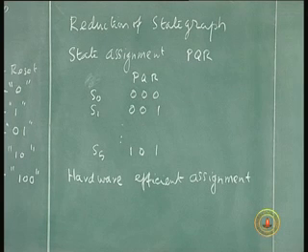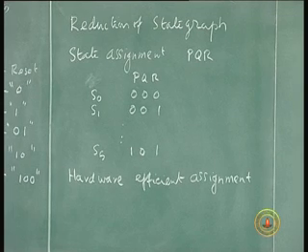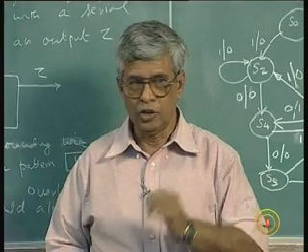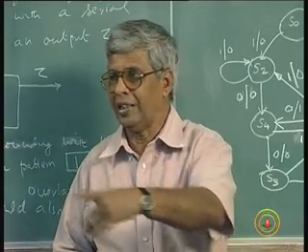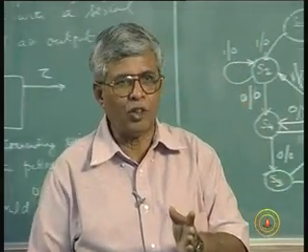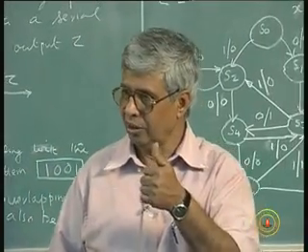This is called neighboring states. Whenever the state assignment of one state differs from another state in only one variable, these are called adjacent states. 0, 0, 0 and 0, 0, 1 are adjacent states, like the Karnaugh map, right? In a Karnaugh map, adjacent cells differ only in one variable.